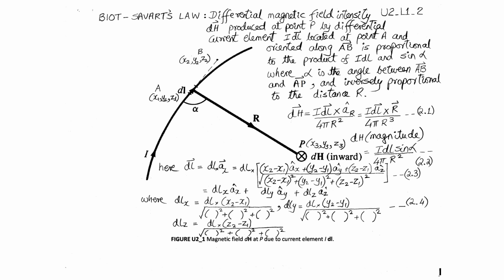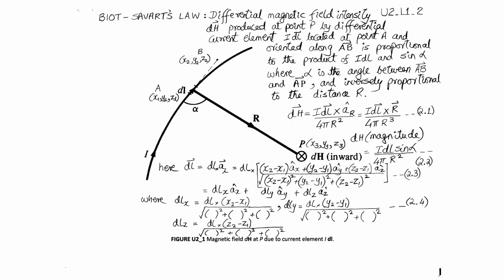Now dlx, dly and dlz are given in equation 2.4. dlx is dl magnitude into x2 minus x1 divided by the magnitude of the vector AB, which is x2 minus x1 squared plus y2 minus y1 squared plus z2 minus z1 squared, whole thing under root.